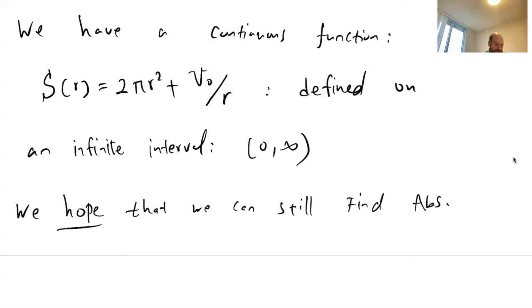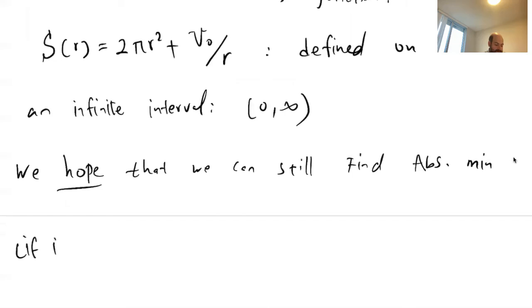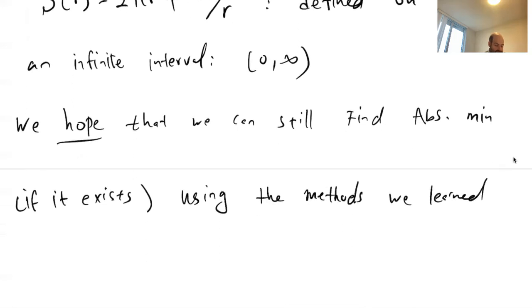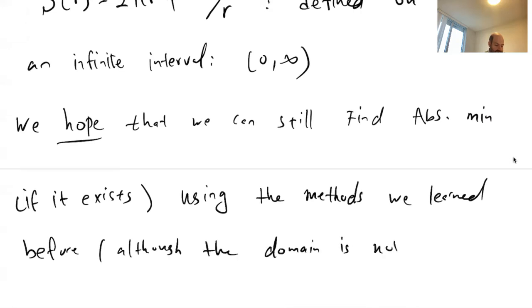In this case, the absolute min, if it exists, using the methods we learned before, although the domain is not a closed finite interval.